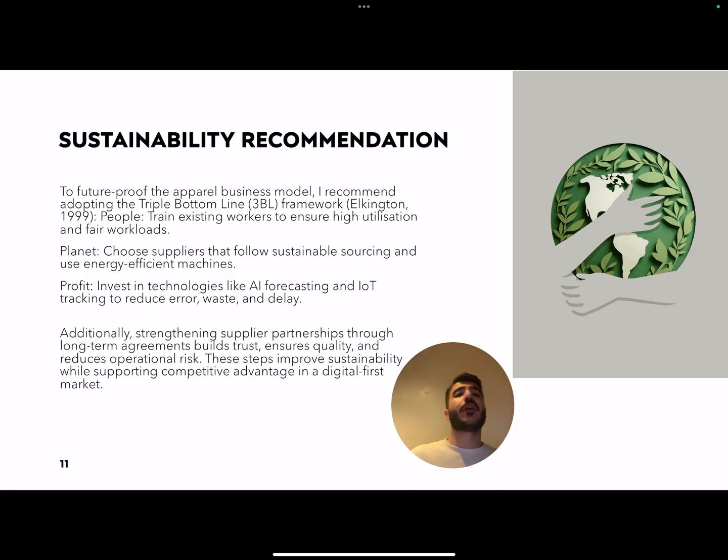And for the profit, we can invest in technology like AI forecasting and logistics tracking to reduce errors, waste, and delays. Additionally, strengthened supplier partnerships through long-term agreements build trust, ensure quality, and reduce operational risk. This step improves sustainability while supporting competitive advantage in a digital-first market.